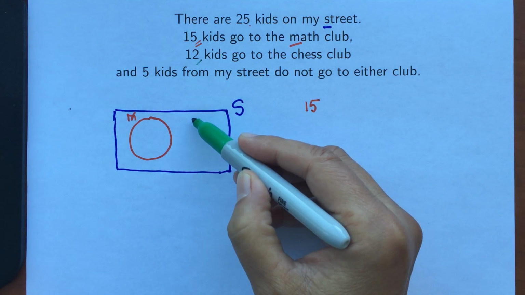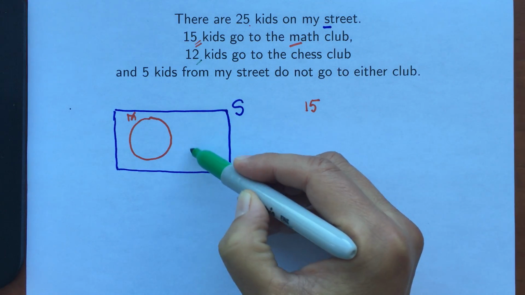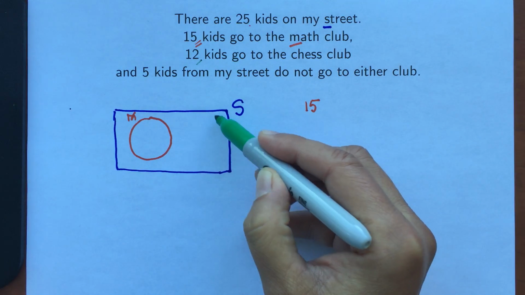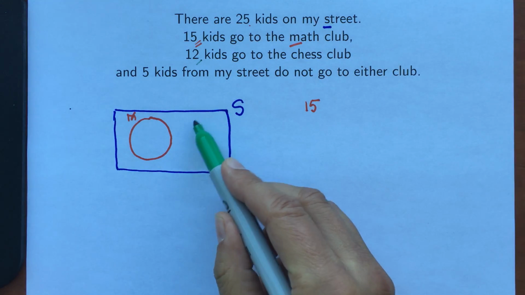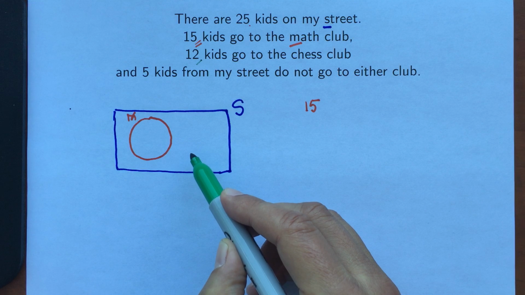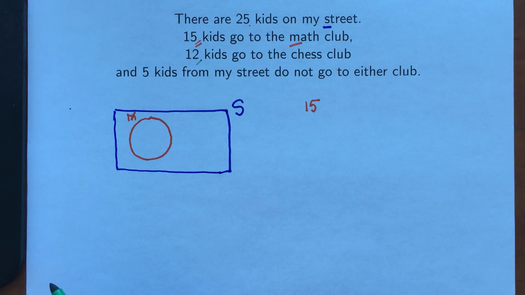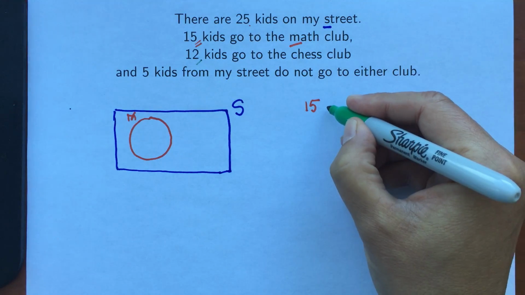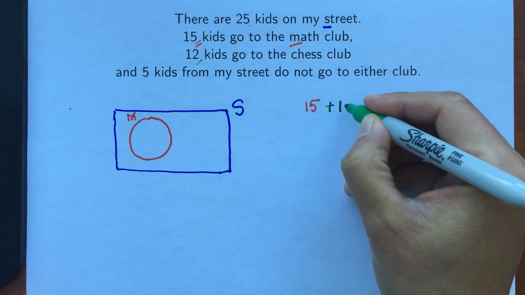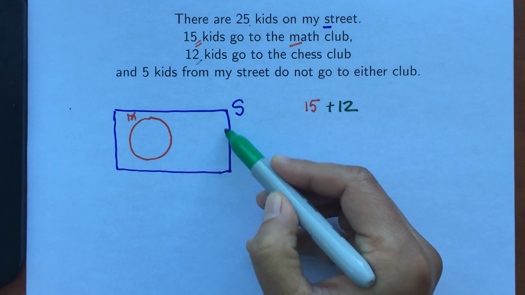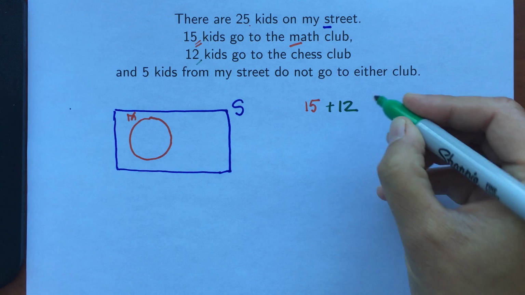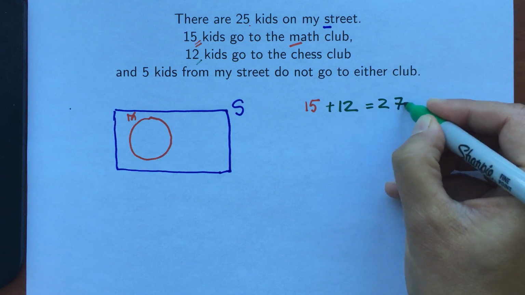If we try to represent the 12 kids that go to the chess club with a circle in this area, so that this circle will not overlap the circle with label M, what we are going to have is 15 kids that go to the math club, and these 12 in this area, so we already account for 27 kids.